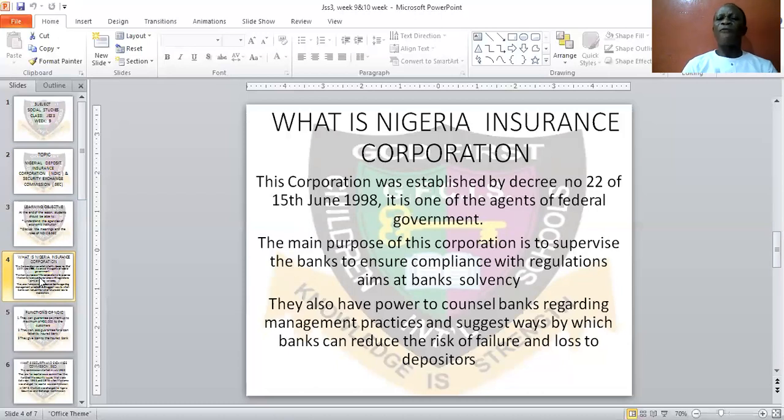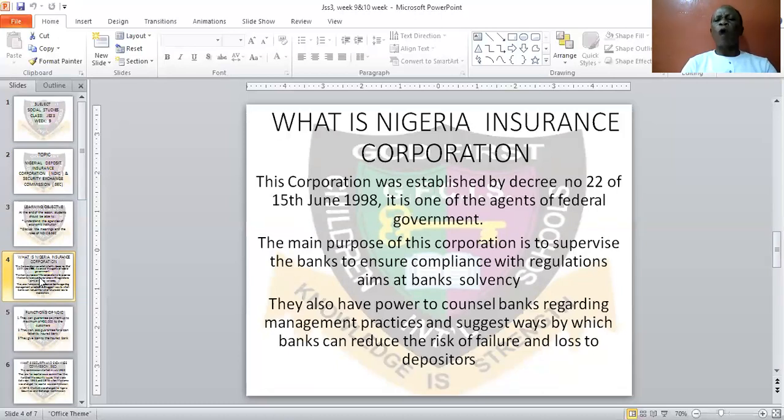You know that they have banks and customers. That is the regulation between banks and customers, the management practices, and to suggest ways by which banks can reduce the risk of failure.